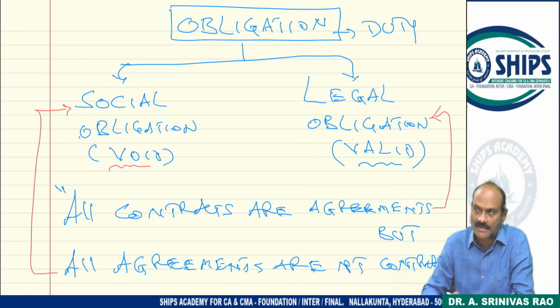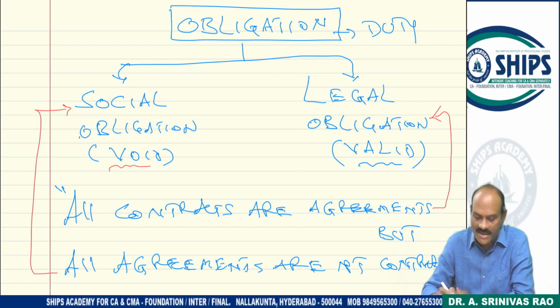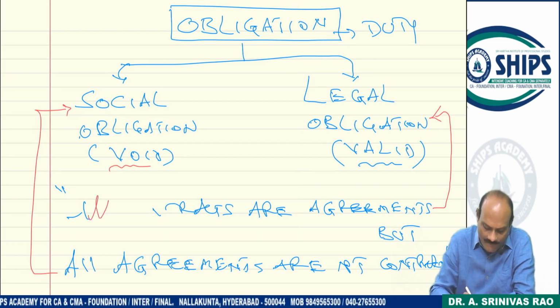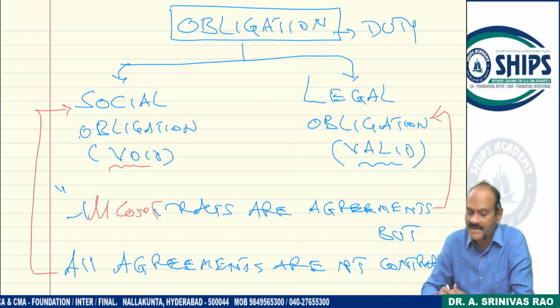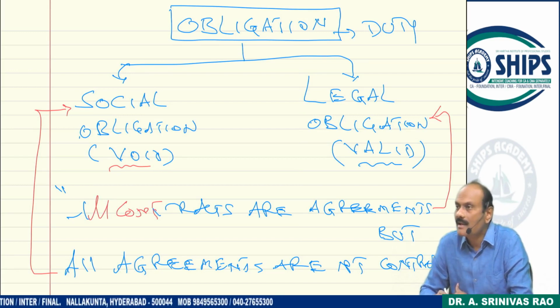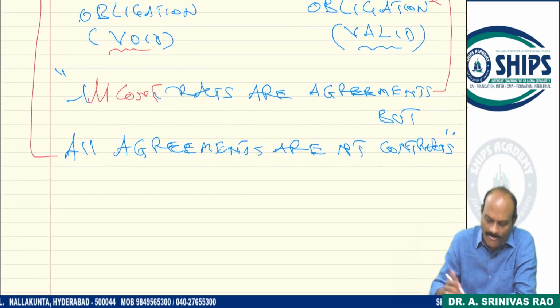Obligation means duty. If the agreement is intended to create legal obligation, it is a contract. That's why all contracts are agreements, if parties to agreement are intended to create a legal obligation. What are examples here?